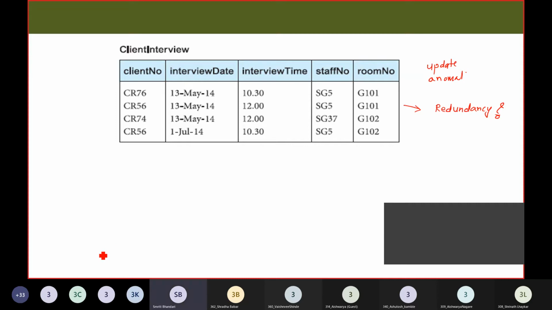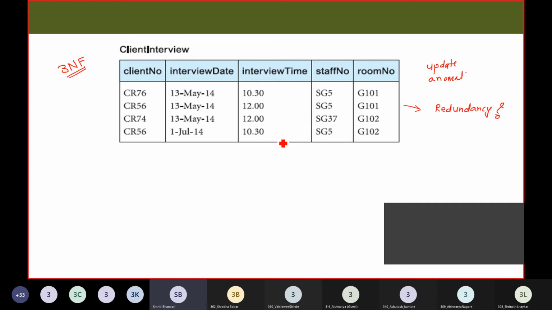Is there any kind of redundancy in this relation? I'm expecting the answer from you. We declared that this relation is in 3NF, no doubt. But does it have any update anomalies, or in other words, any redundancy?